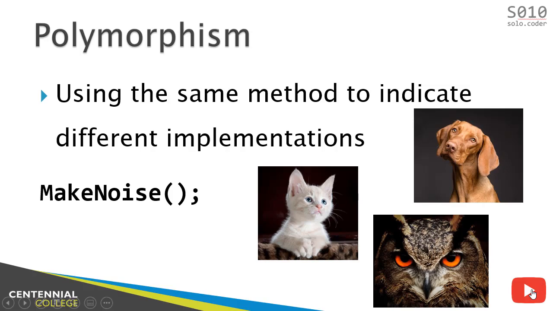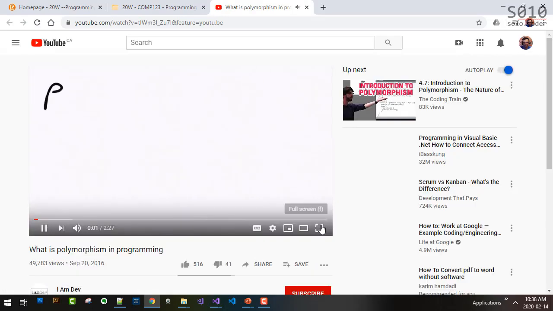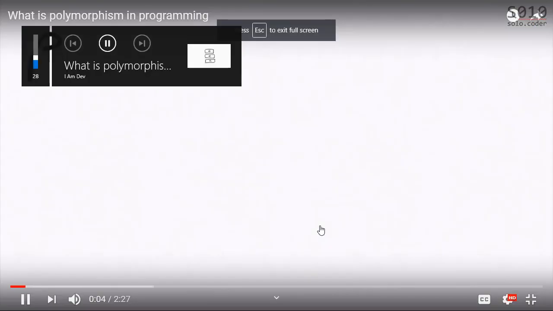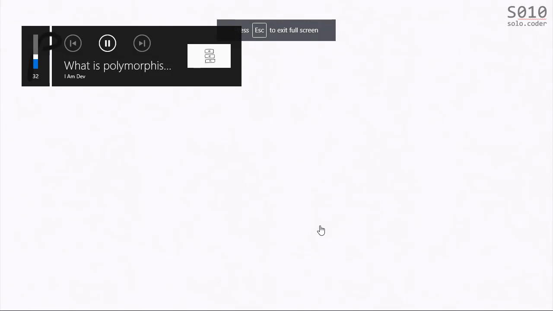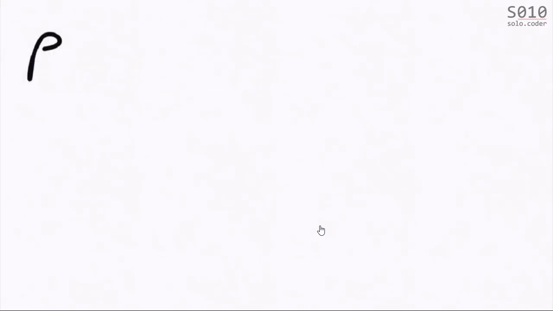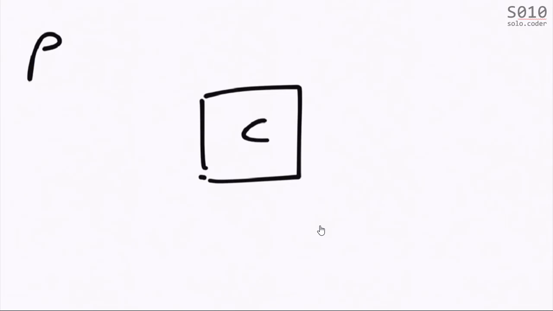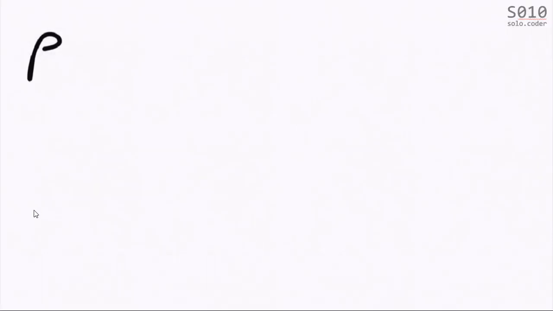Let's have a look at this video here. bunch of code, a little block of code, and we put in some kind of input. Polymorphism in programming is kind of a different way of thinking.